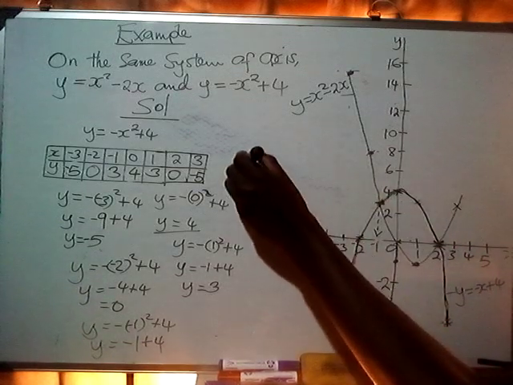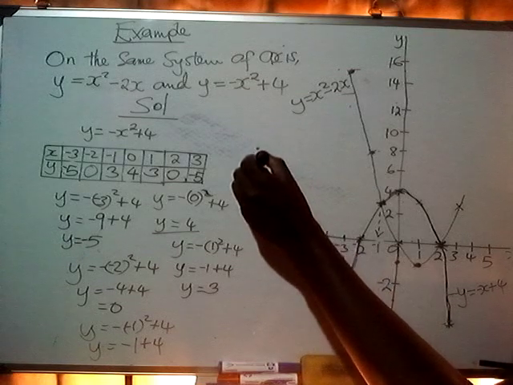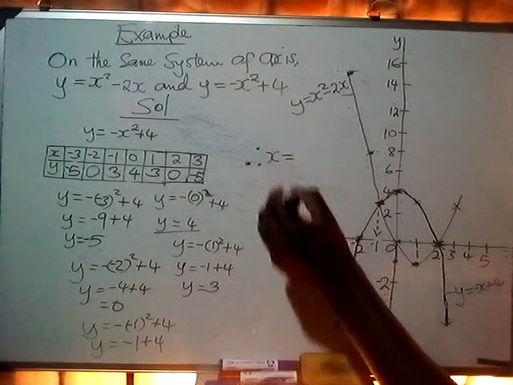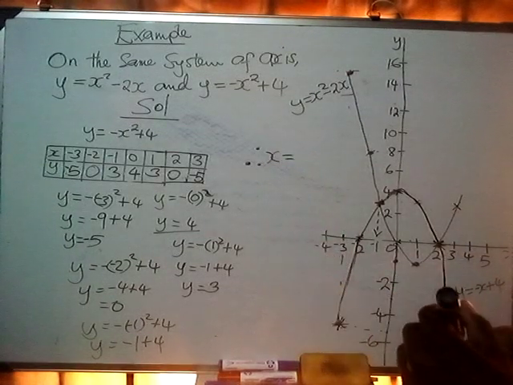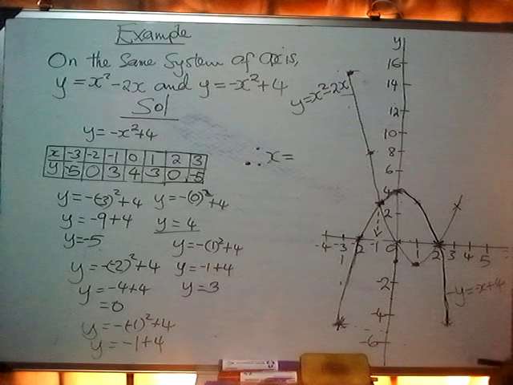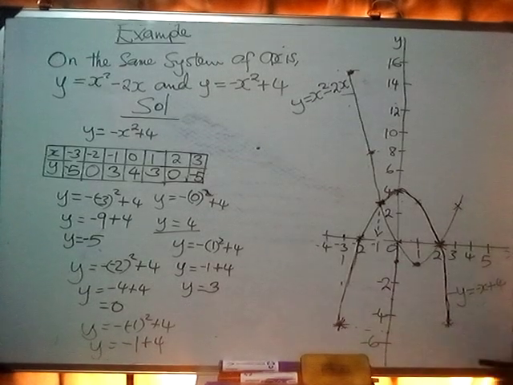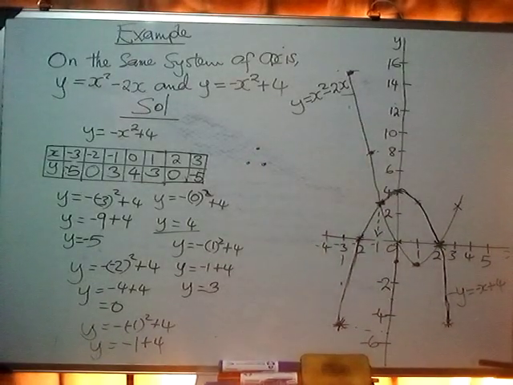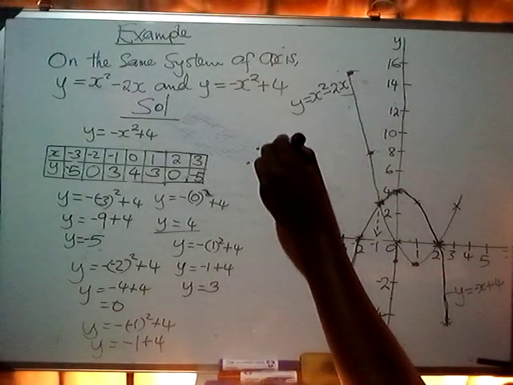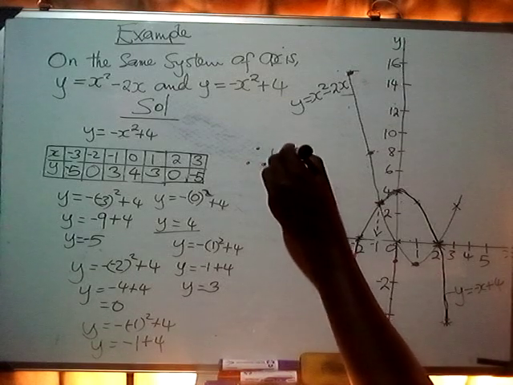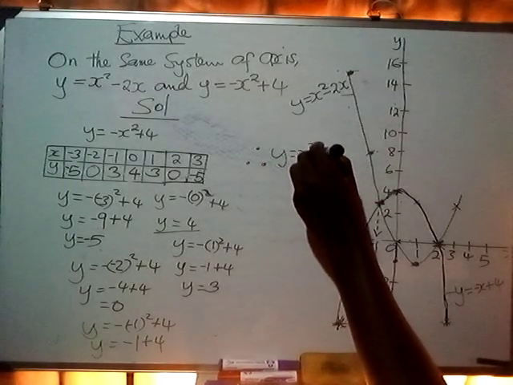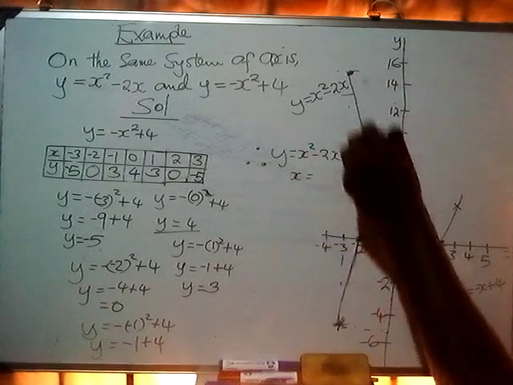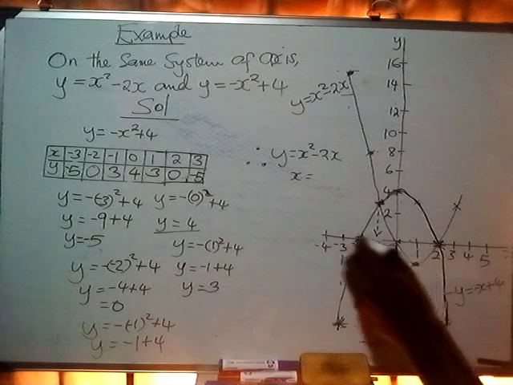So therefore, our final answer, solving these two quadratic equations using the graphical method: the solution to the first one, which is y equals x squared minus 2x, where is this crossing the x-axis?